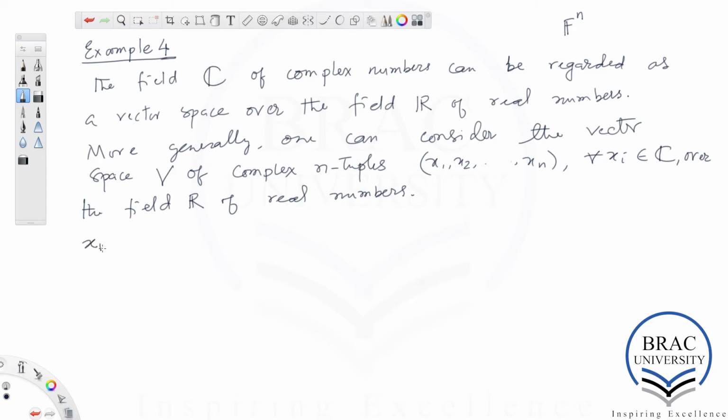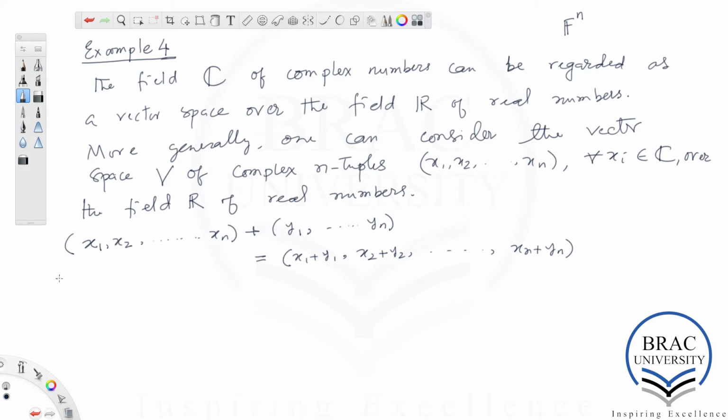So I have a complex n tuple x1, x2, all the way up to xn, and that gets added to another complex n tuple y1 all the way up to yn, and the addition of these two complex n tuples is given component wise: x1 plus y1 being the first component of the resulting n tuple, x2 plus y2 is the second component, finally xn plus yn is the last component.